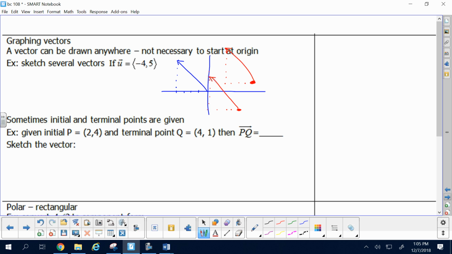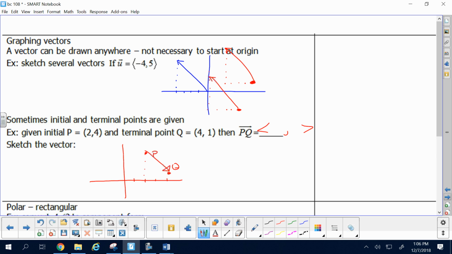Sometimes they will give you the points and ask for the vector between them. So if, for example, I said start at the point (2, 4), which is point P, and then draw the point Q, which is (4, 1). Vector PQ, that's P in the direction of Q, and so PQ is that vector. Now, vector PQ would be how far did you go horizontally and how far did you go vertically.